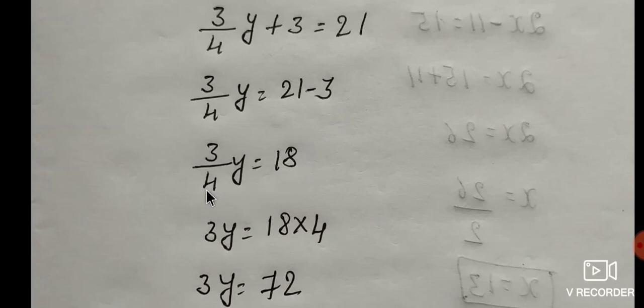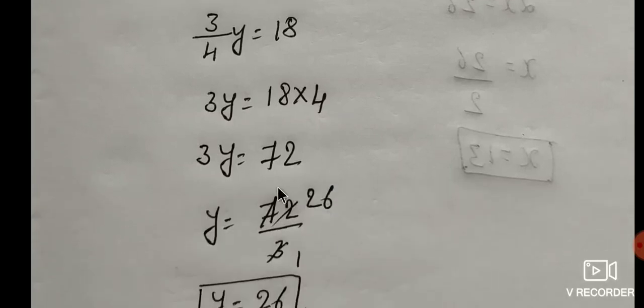First the division: this denominator goes from LHS to RHS and becomes multiplication. Therefore 3y is equal to 18 into 4.